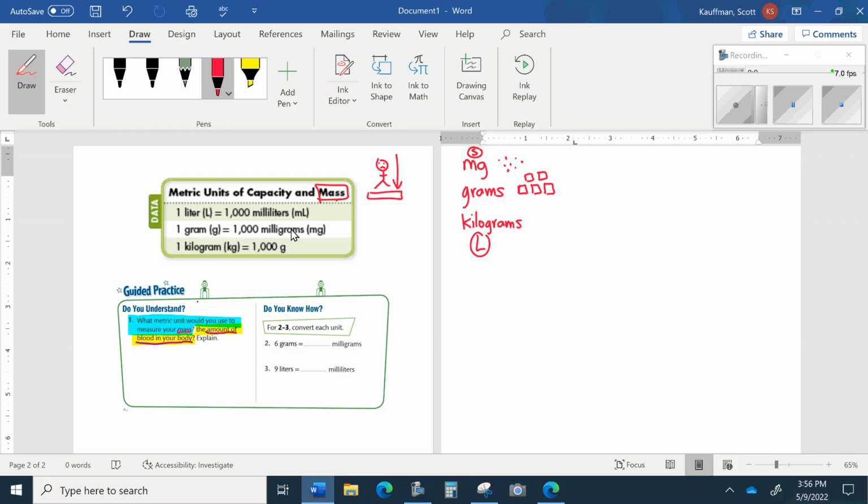If I was measuring kilograms, I would use much larger units. So the unit that we would use to measure the mass of a person's body would most likely be which one? Give me a second to think about that.